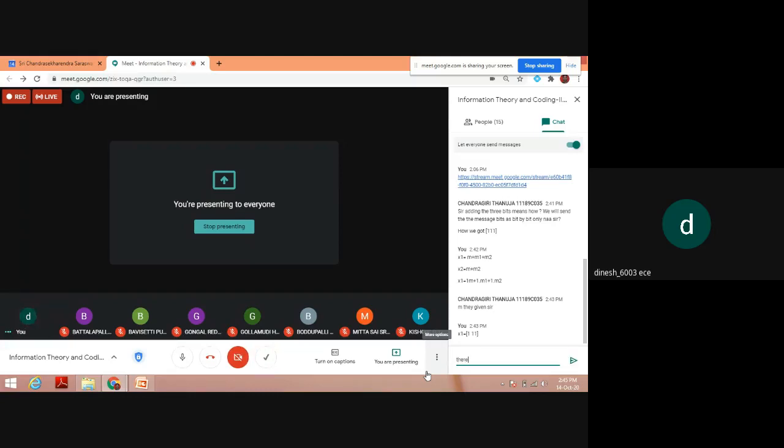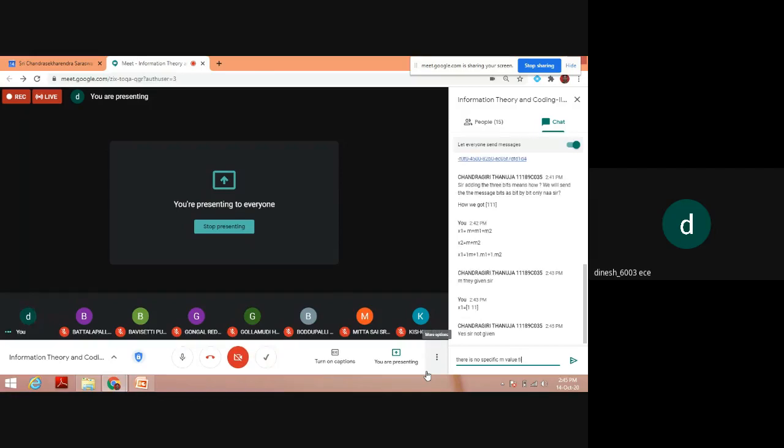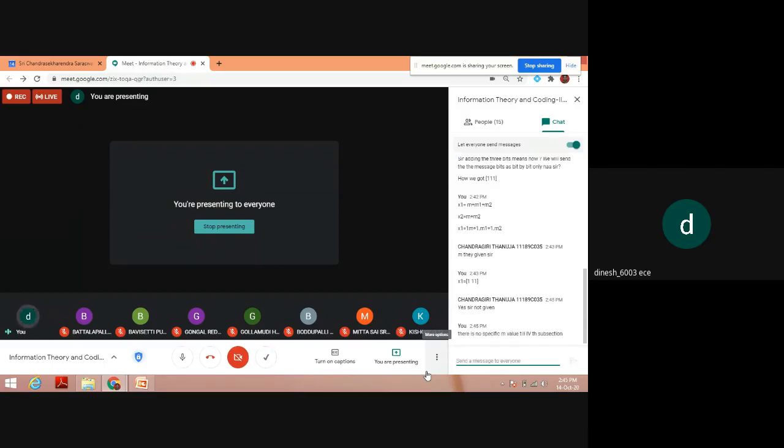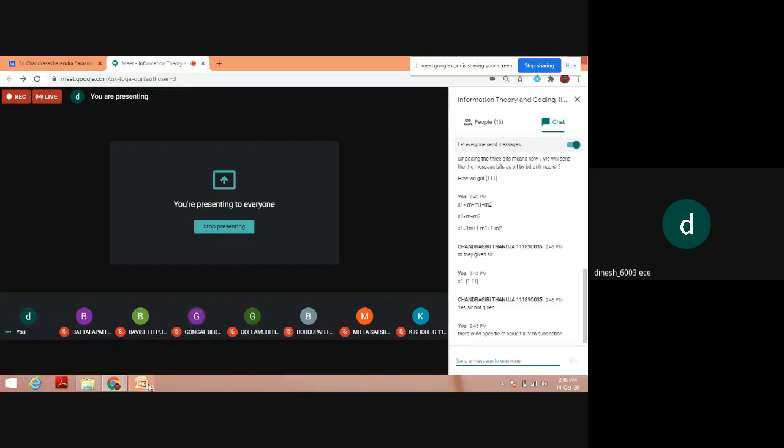There is no specific value of m till the fourth subsection. So after this one, we are going to give m a specific value, and let us see what happens.